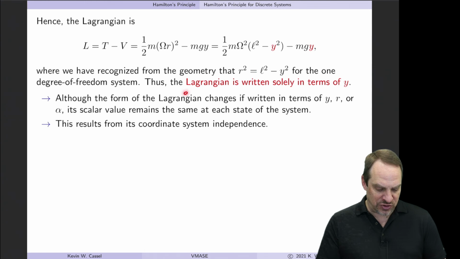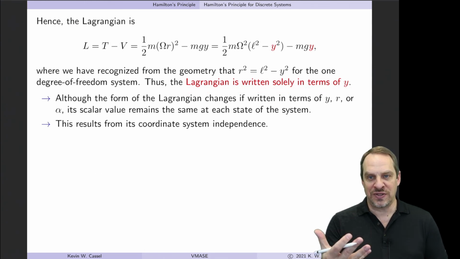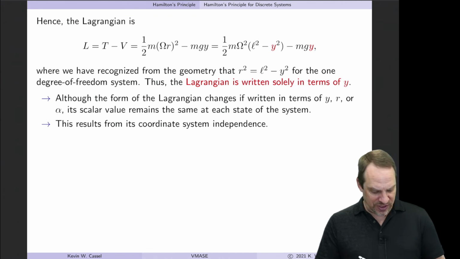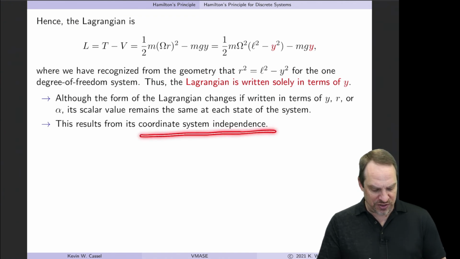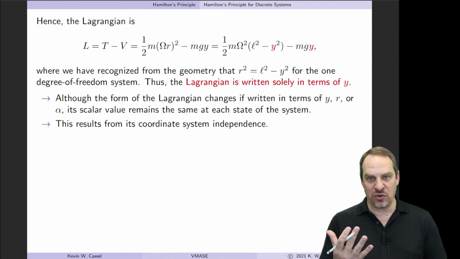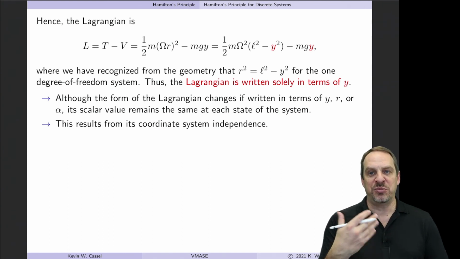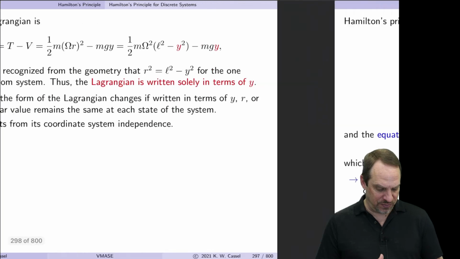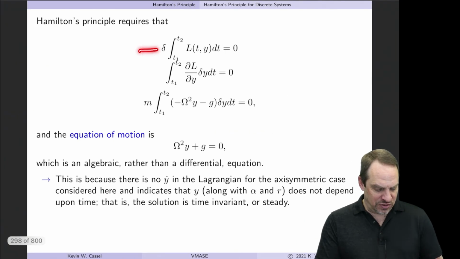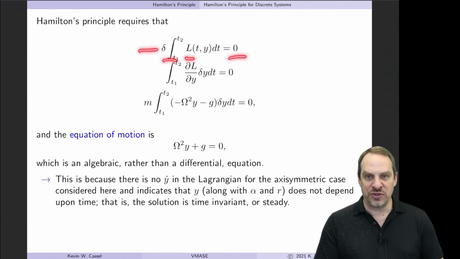So I've written my Lagrangian solely in terms of y in this case. But again, you can see that was a secondary consideration. And this again emphasizes the independence on the coordinate system. It's not that we don't have a coordinate system, it's just that Hamilton's principle itself is not dependent on that coordinate system. So I take the variation of the integral of L and set it equal to 0.